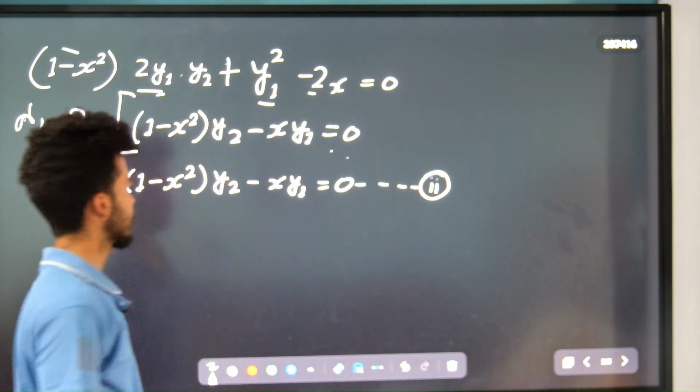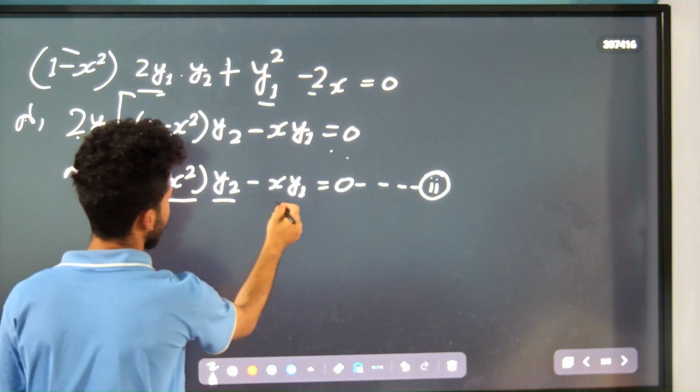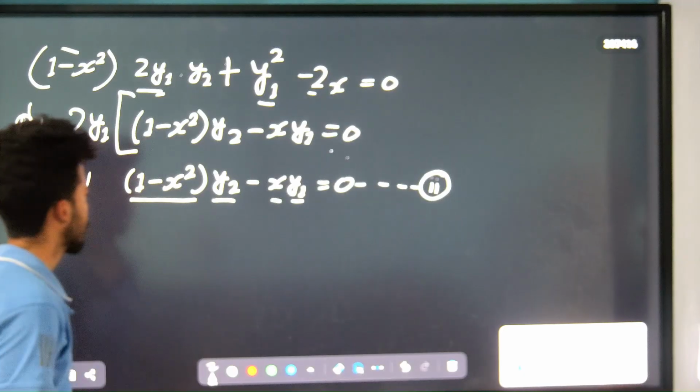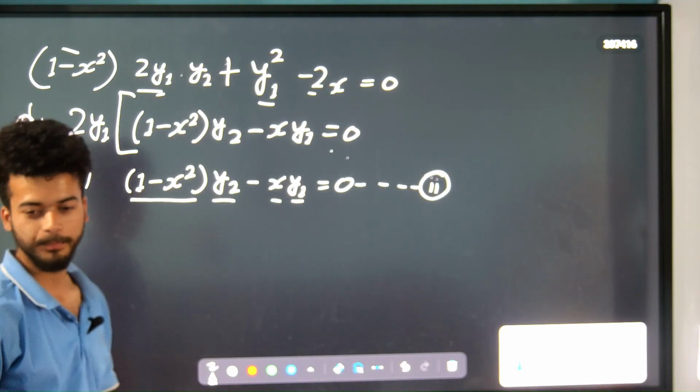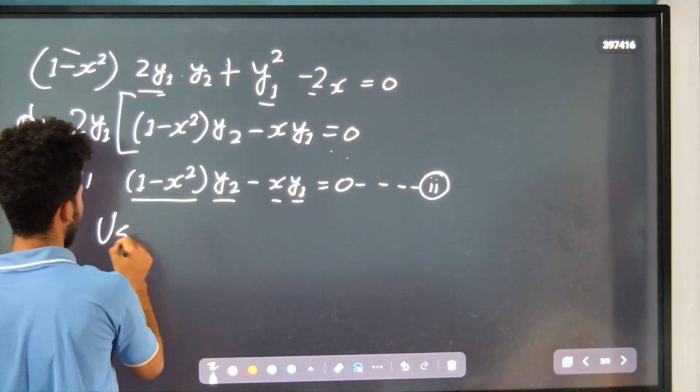Now we can easily see that there are two terms u and v also. So we can now use the Leibniz theorem to solve this equation.